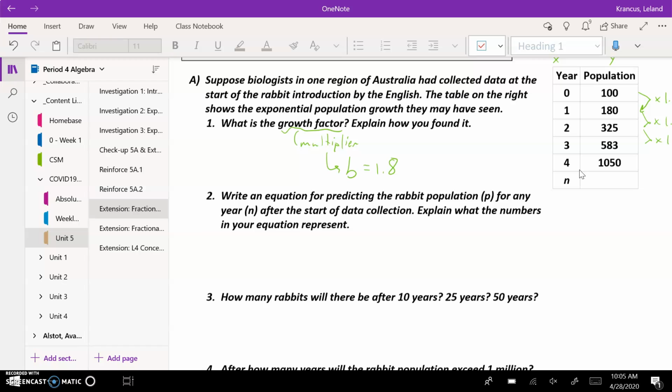So to write an equation, remember in exponential form, an equation takes this form: a times b to the power of x. a is always your starting value, that's actually your y-intercept, and b is our growth factor, or it would be a decay factor if that number was less than 1 and our values were getting smaller each time.